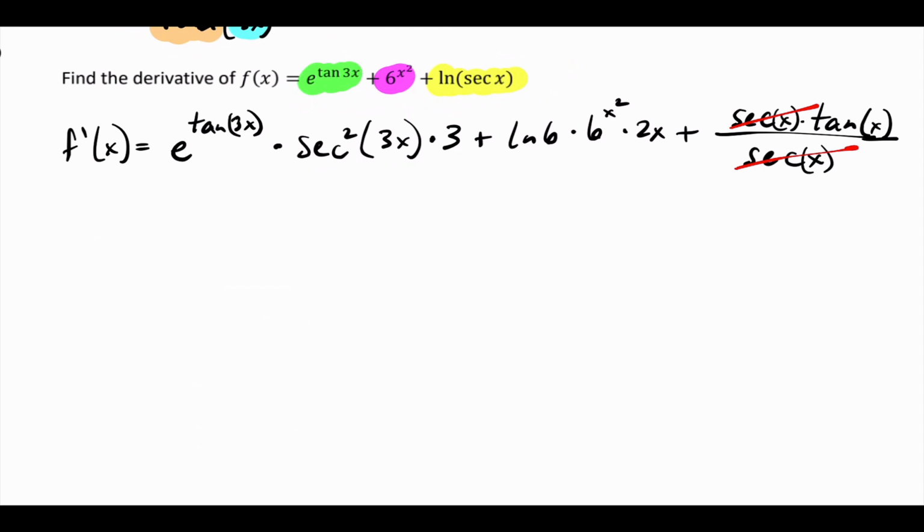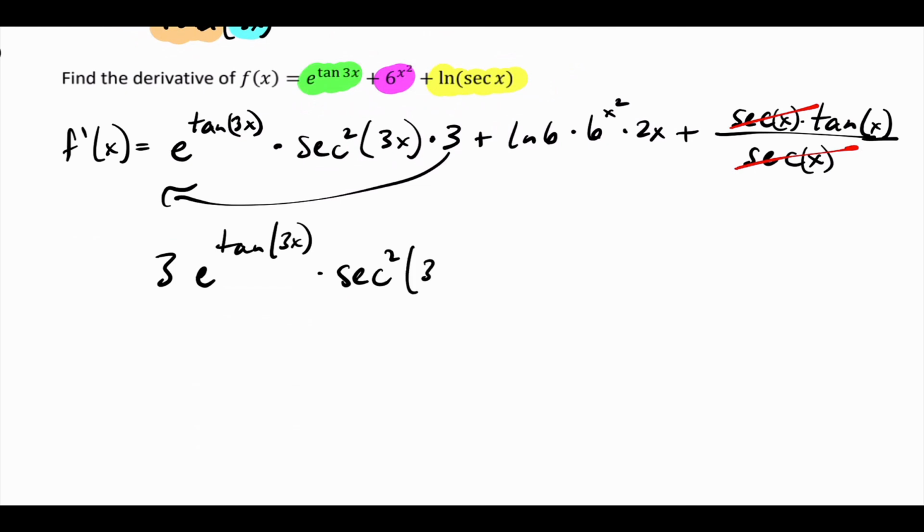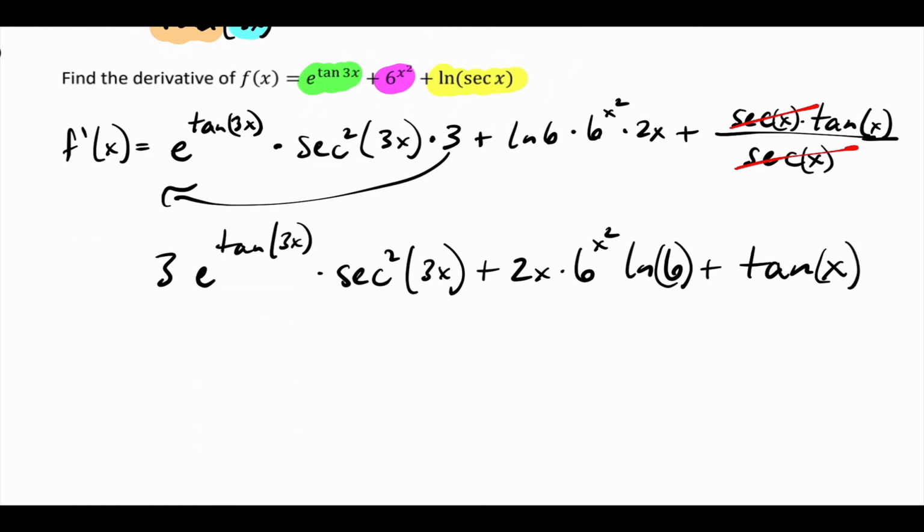Done. I'm going to clean it up a little bit. I'm going to move the 3 to the front. I'm going to move the 2x times 6 to the x squared natural log of 6 there, and then plus tangent of x.